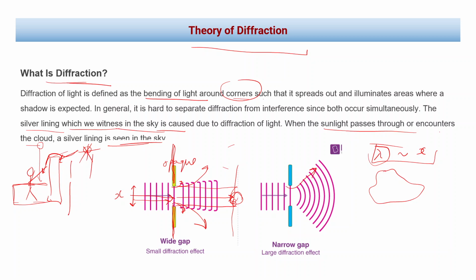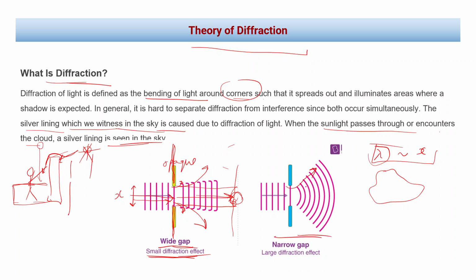If the size of the slit is wider or even smaller, then the light will not bend and it will go almost directly. And maybe it's still better comparable, that's why we are seeing some diffraction, but it will be small. So the closer it is to the value of the wavelength, the better diffraction we will see.